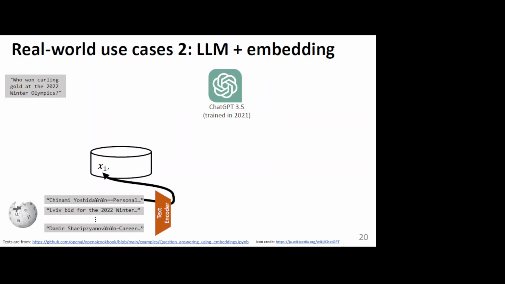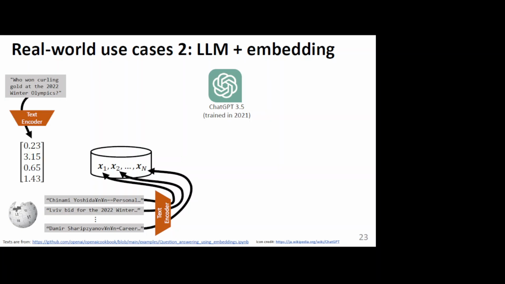So here, the first document goes through the text encoder to become a vector, then the second document, up to the nth document. All of them are stored in your vector database. Now we can perform the search in this way. Given a query, we use the same text encoder to transform it into a text vector.